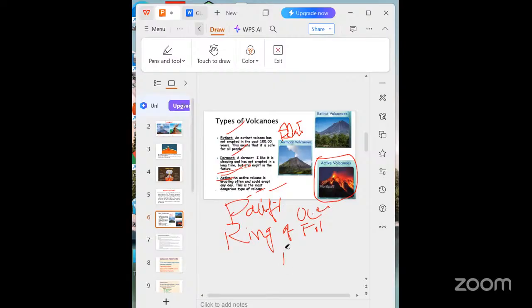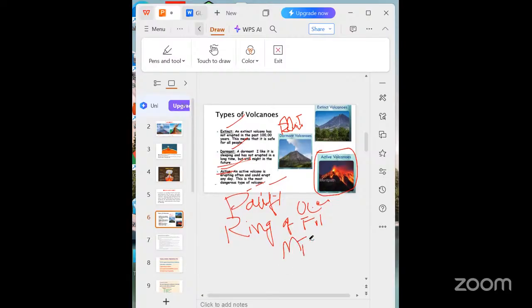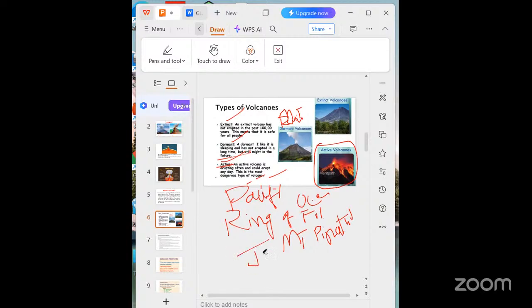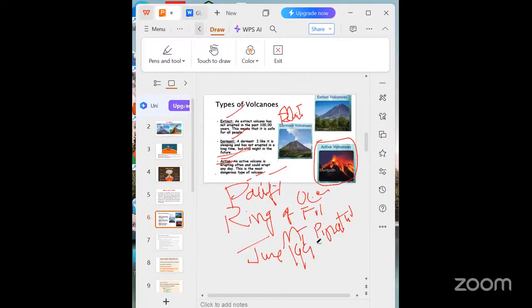Another example is Mount Pinatubo, P-I-N-A-T-U-B-O, in the Philippines. This is another example of a dormant volcano, which erupted in June 1991 after 6 centuries.